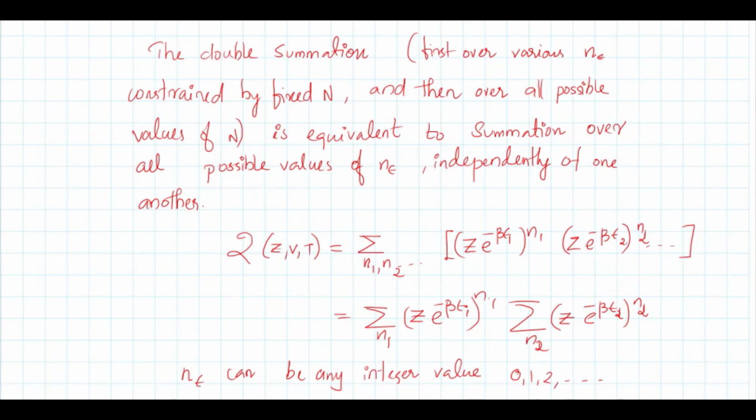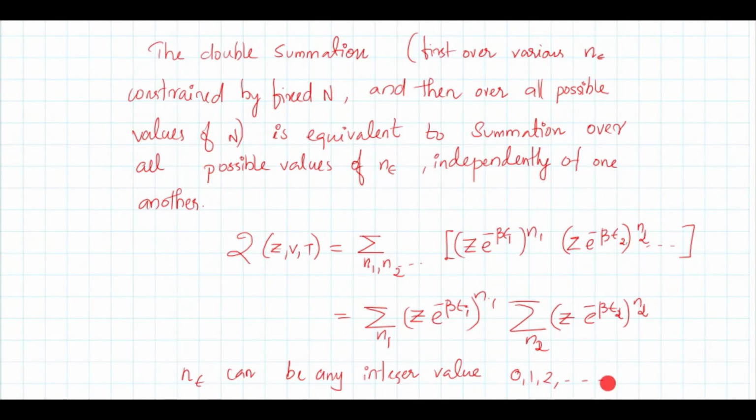So we can replace that double summation with the single summation over all the possible values of n1, n2, etc. So I can write this independently. Sigma over n1 of z e raised to minus beta epsilon 1 raised to n1. Sigma over n2 of z e raised to minus beta epsilon 2 raised to n2, and so on. This n epsilon can take any integer value from 0 to infinity.